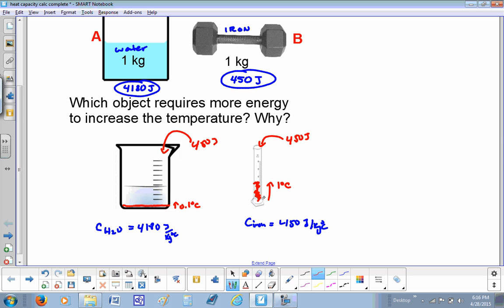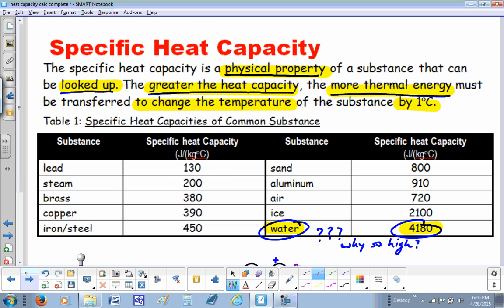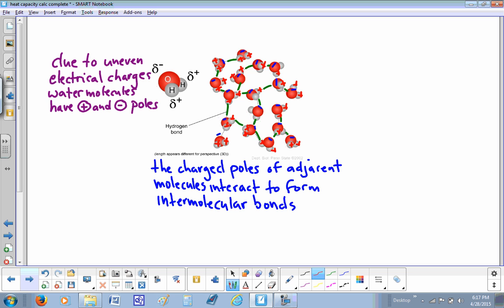So you can see how very quickly we can add energy and increase the temperature of the iron, where we need much more energy to increase the temperature of the water. And we looked at why water is so unusual. So we saw that basically we've got uneven electrical charges on the water molecule as a result of polar covalent bonds between oxygen and hydrogen.